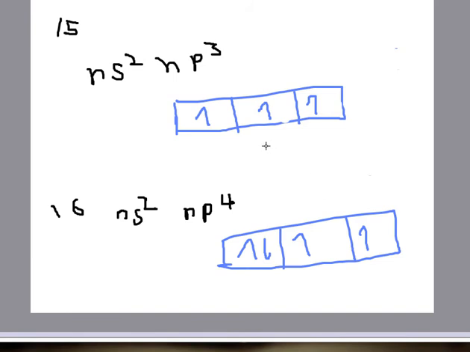According to chemistry, if any orbital is fully filled, meaning it consists of 6, then it is stable.